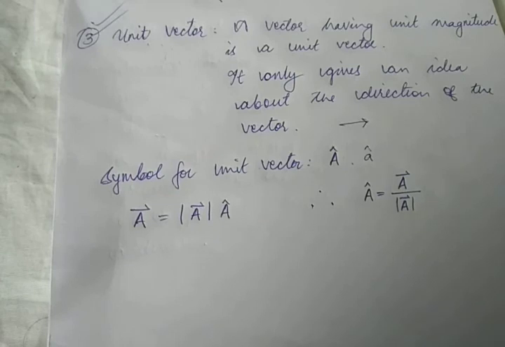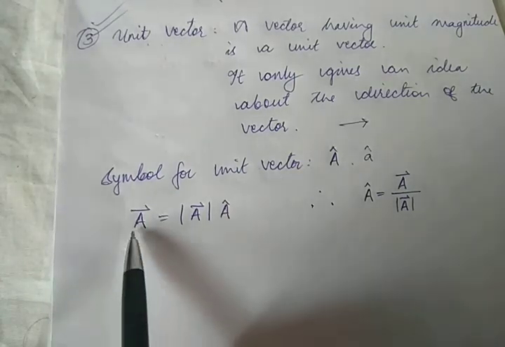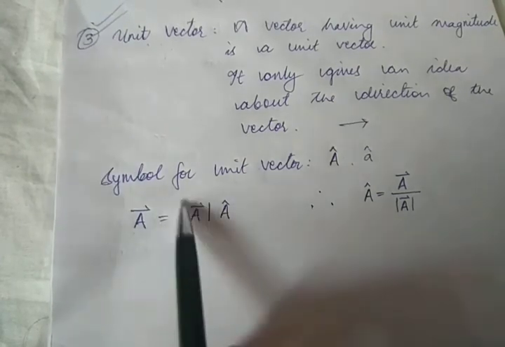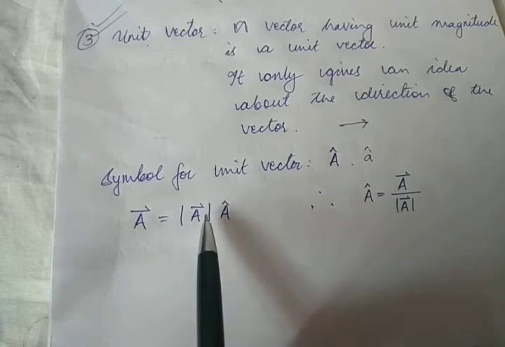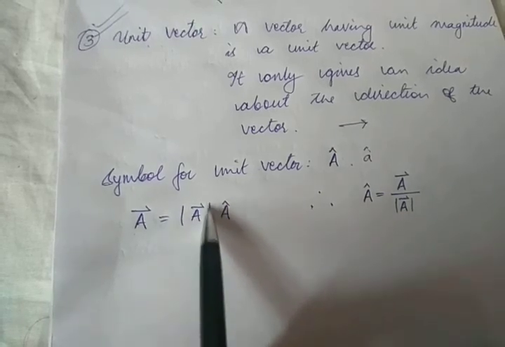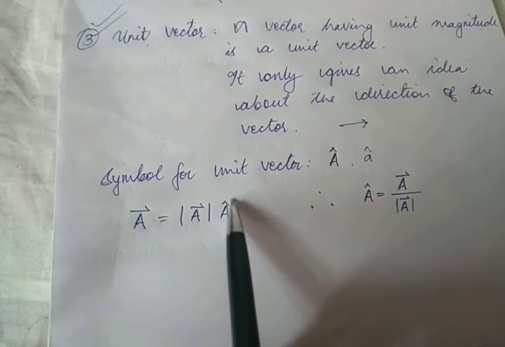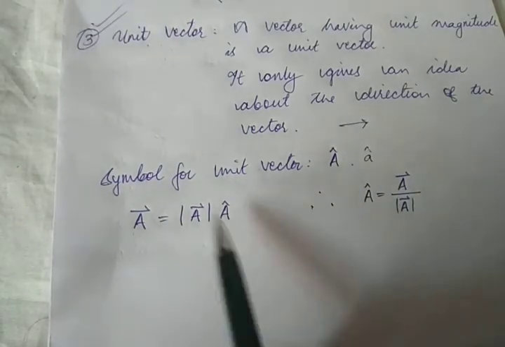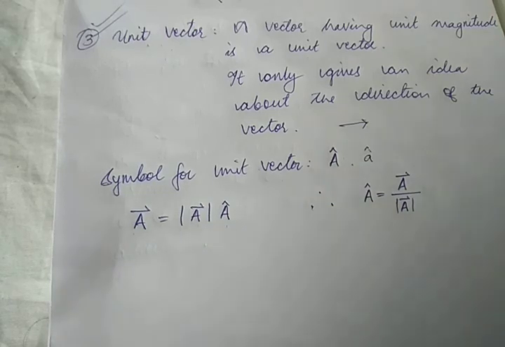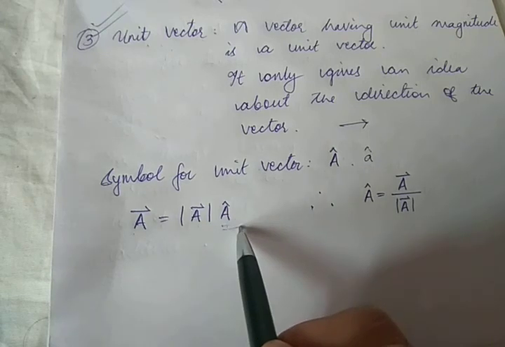Since a vector has two parts, a magnitude and a direction part, this vector a can be written as its magnitude, the vector itself inside the modulus sign, which is only the magnitude part, and this is the direction. Remember, unit vectors give us an idea about the direction of the vector. In which direction that particular vector is directed is given by a unit vector.